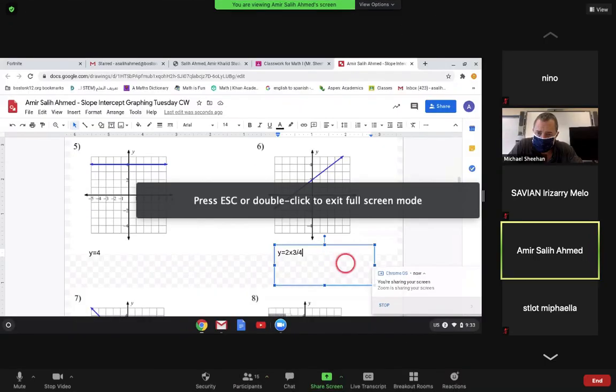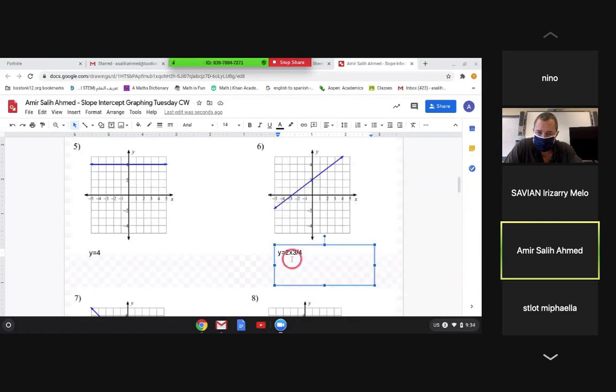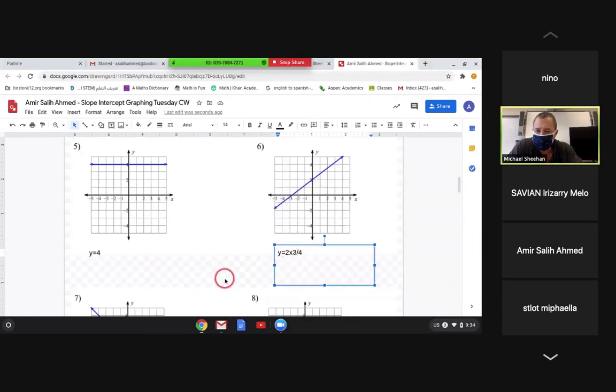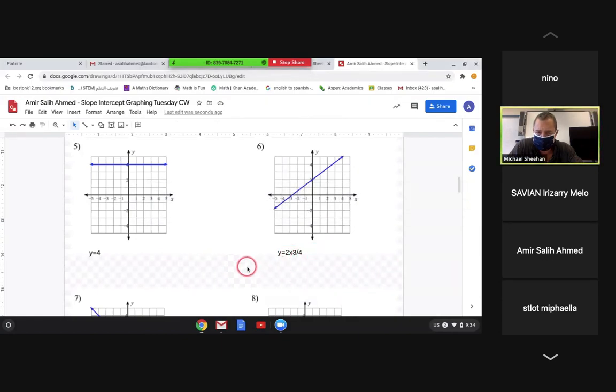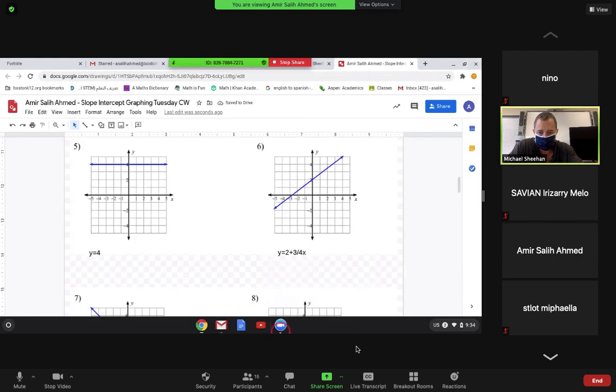You see? I can put it like that. No, you want a plus after the 2. 2 plus 3/4 x. That's okay, but usually people put the x after the 3/4. Yeah, that's better. Okay, thank you.